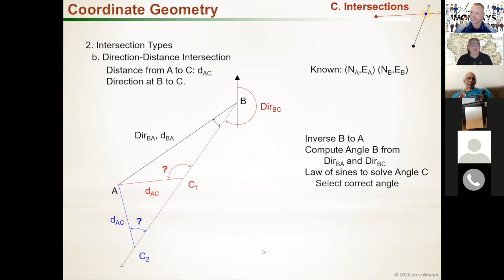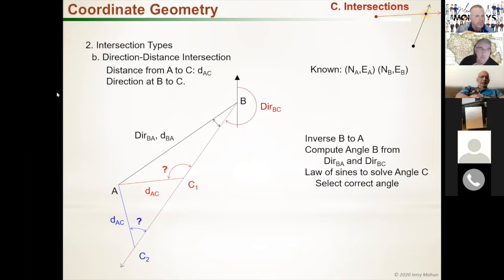Now, when we use the law of sines to compute the angle here, because we have a side, and then we have an angle and an angle here, the sine of this is to this, as the sine of this angle is to this. When we compute this with our calculator, it's going to give us an angle less than 90 degrees. So we got to look at it and say, if we compute that angle and it comes out as 60 degrees out of our calculator, it's either going to be 60 degrees or it's going to be 120 degrees. It's 60 or 180 minus 60, or 120.